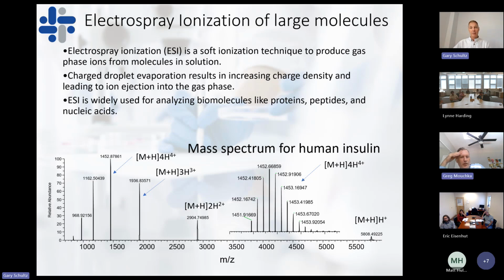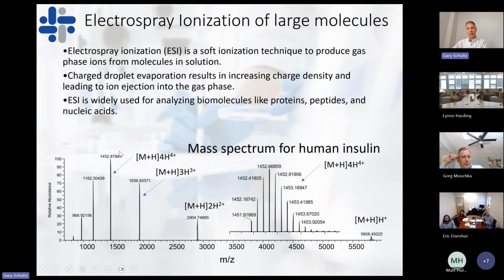Okay, so it's a precision thing, that you can get an extremely high level of precision if you break it down into these discrete peaks. This multiple charging is an outcome of electrospray ionization.